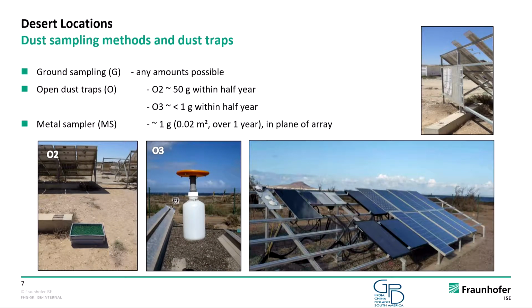What is also really important is you cannot always get good amounts. That's why it's really complicated to analyze the small amounts you get. From ground sampling, you can get any amount. From open trap sampling, you get a lot, but other traps just give you small amounts, as do the metal samplers.